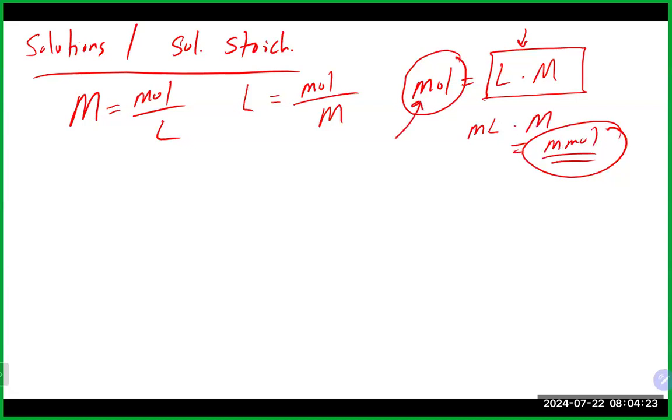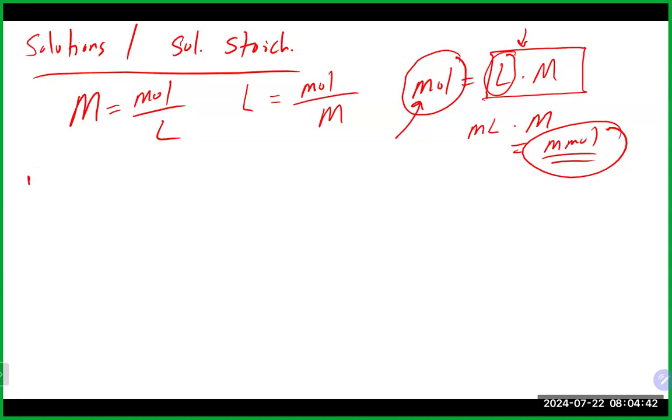So if you don't recognize that you are in millimoles, you'll be off by a factor of 1,000, and obviously you will get the wrong answer. So always a pretty safe bet, just straight molarity and volume. Make sure it's in liters. That way you get moles, which, like I said, is pretty much what you're most likely looking for.